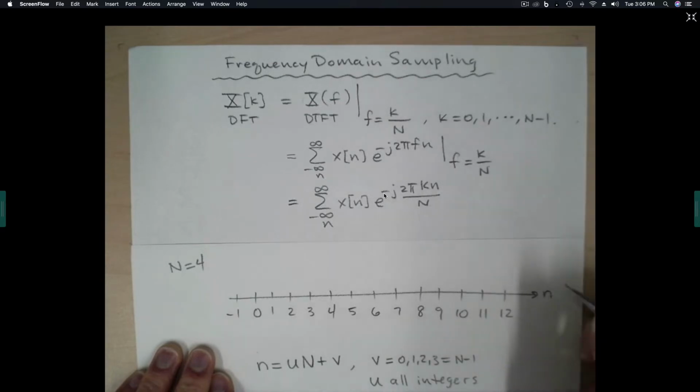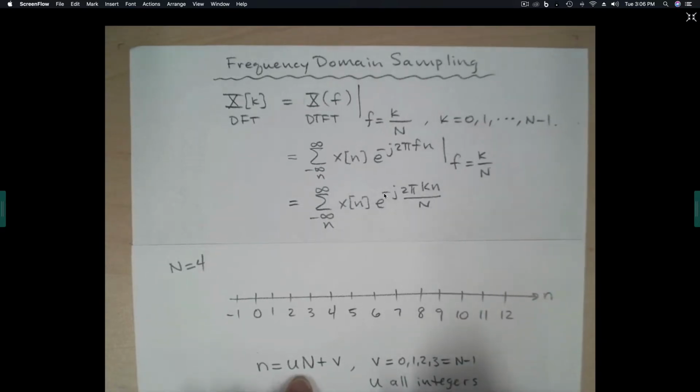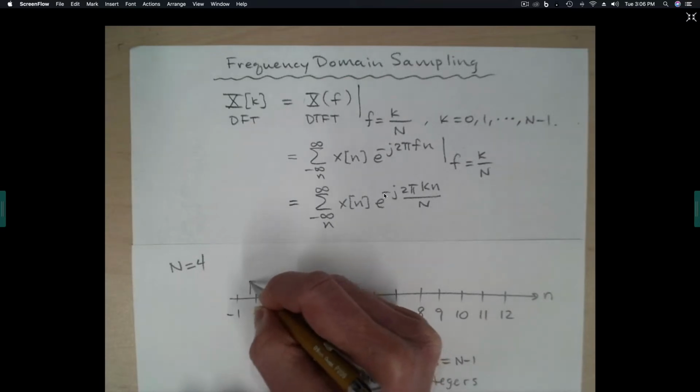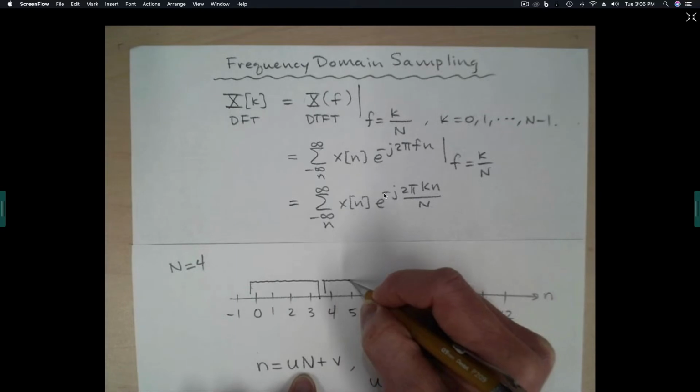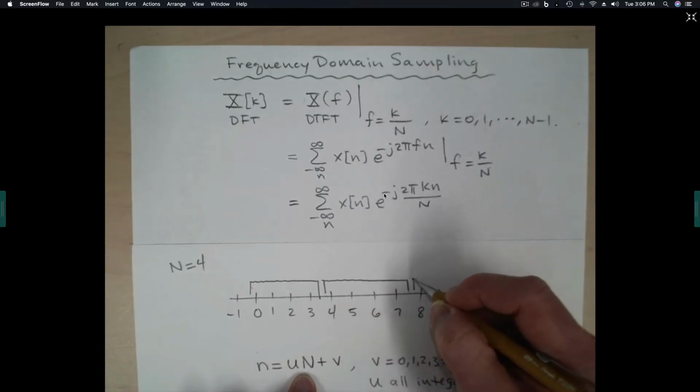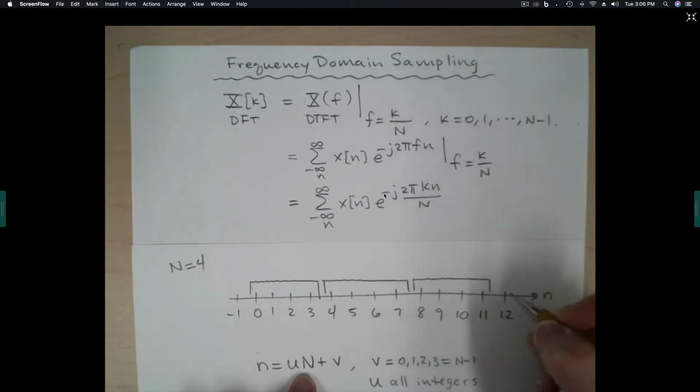So again, this is the n-axis here. What this change of variable does is it breaks the number line up into chunks or blocks of length N. In this case, N is 4. So it breaks the number line up into chunks that look like this, and so on.